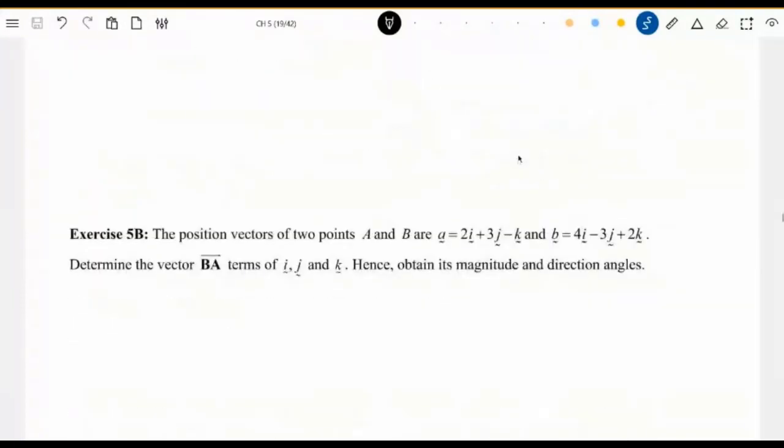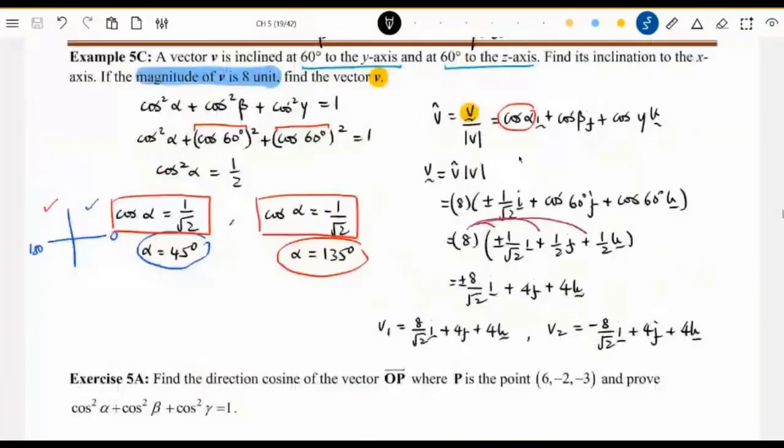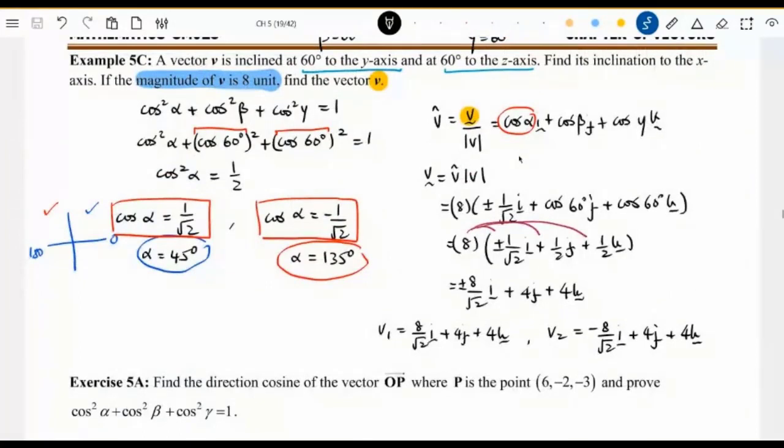Tak ada? Alright, so kalau tak ada soalan, I'll leave it here and then the rest we continue on Wednesday for the exercise 5A and 5B, and then the next one we did vector product dan juga application of vectors. Okay? Boleh? Okay, so for now, siapkan tutorial chapter 5.